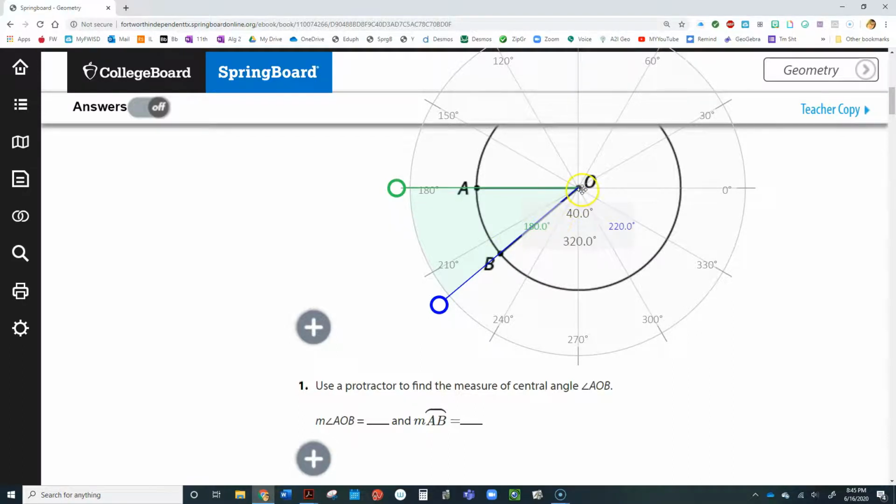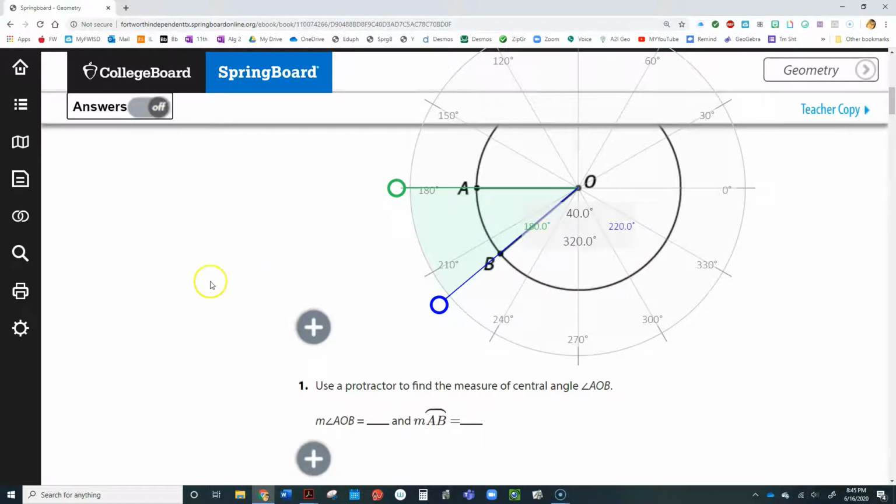Why is it a central angle? Because its vertex is at the center of the circle. If the vertex is at the center of the circle, then it is a central angle. Just think center, central. They go together. And if I turn my answers on, you'll see that we're right, 40 and 40.